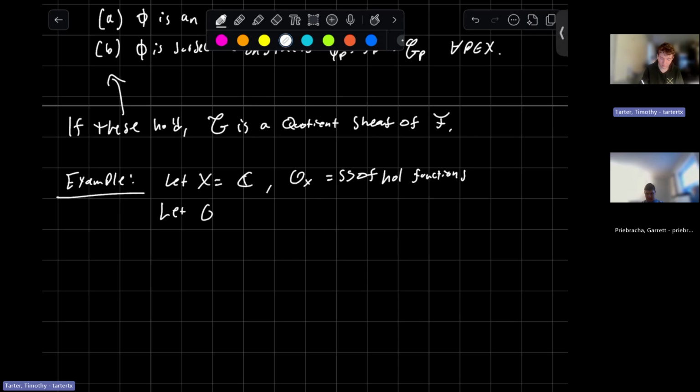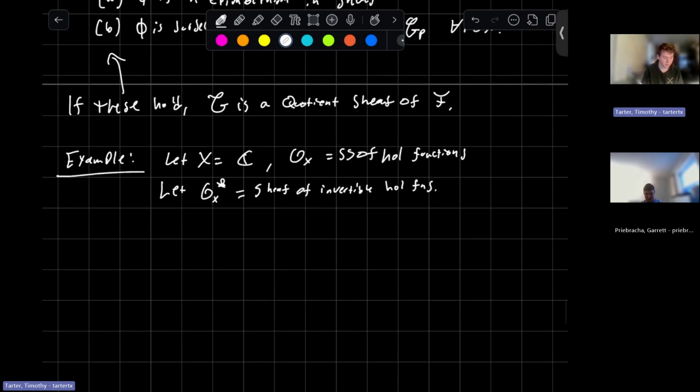Let O star of X be the sheaf of invertible, nowhere zero holomorphic functions.